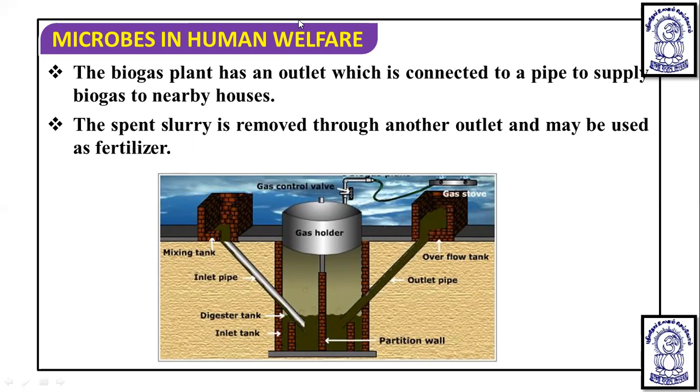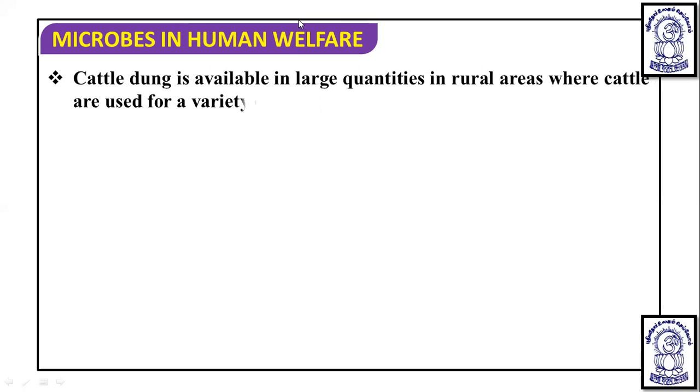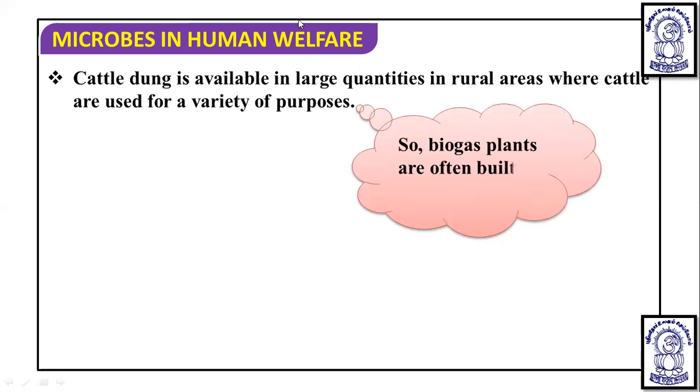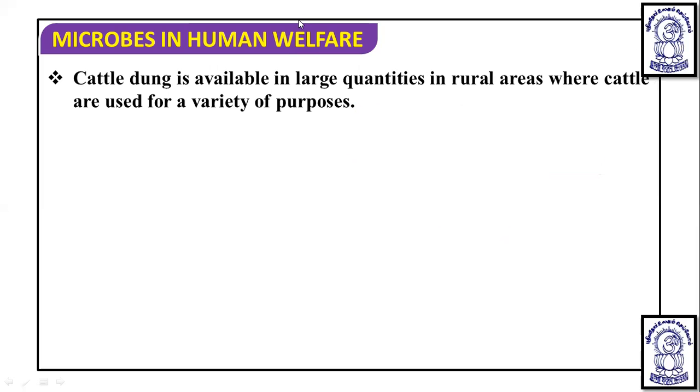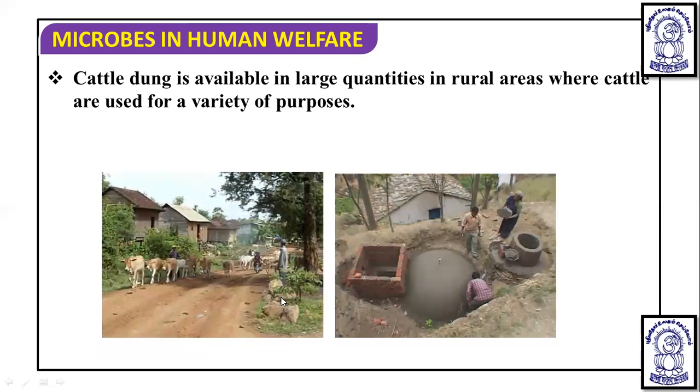Now, after this, cattle dung is available in large quantities in rural areas where cattle are used for a variety of purposes. So, biogas plants are often built in rural areas compared to urban areas. See, this is the rural area where these biogas plants are made.